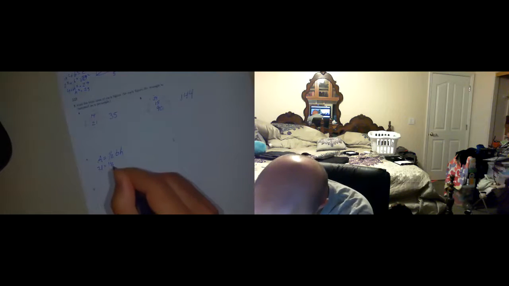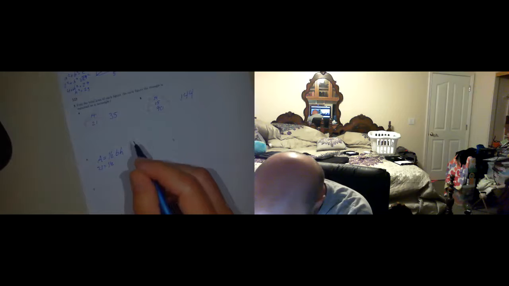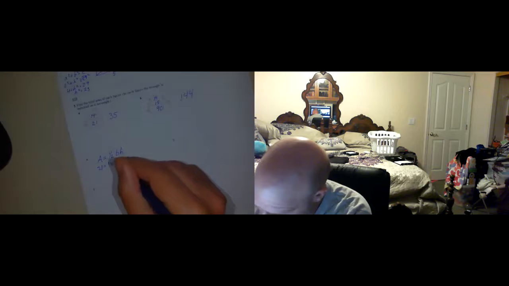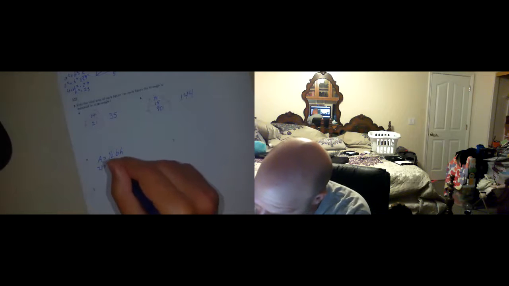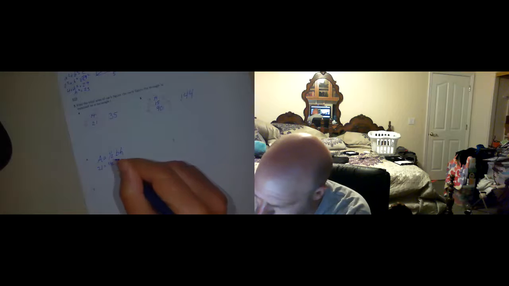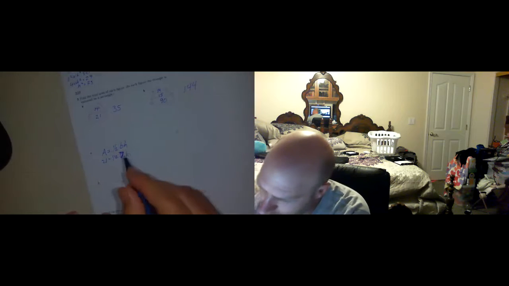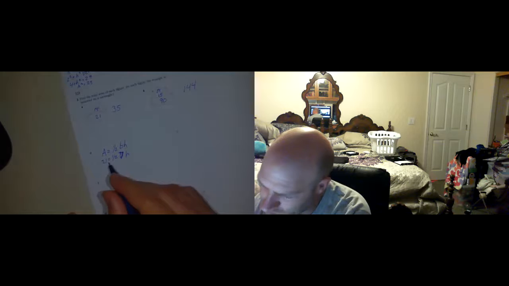That should equal 1/2 base times altitude, which is the same thing as height. They told me that the base is 7, and I'm looking for that height or that altitude. Multiplying both sides by 2, I get 42. Divided by 7, I get 6. 6 equals that height. Not so bad.